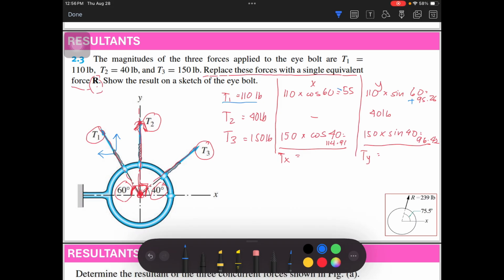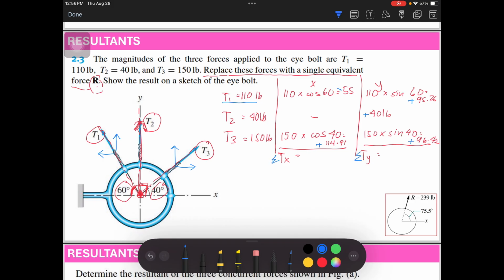And then, for T2, directly upward. So, positive 40. And then, yung kay T3, ang x component niya is positive going to the right. And then, yung vertical component or y component ni T3 is upward din. So, positive. So, i-apply natin yung sign kapag isa-sum up natin sila.